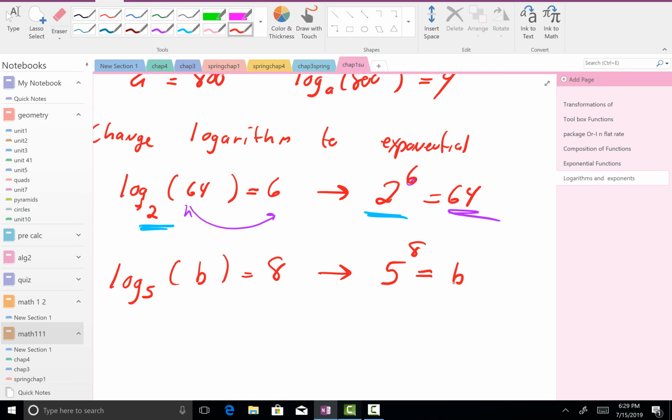Oh, graphing a log. I'm going to get rid of these guys here. Okay, so there's our log function.